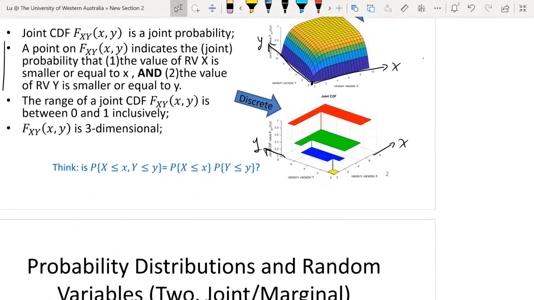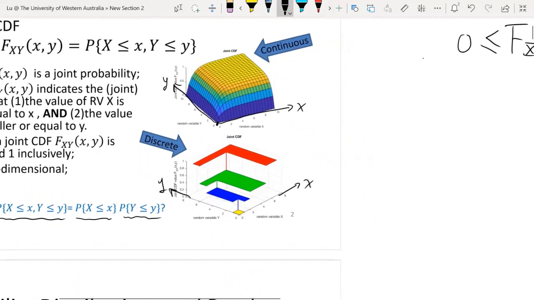Before moving on to the next slide, we have a small question. We want you to consider if such a joint probability is equal to the product of these two separate probabilities. This question is actually related to the joint CDF. Let's just use the space to write it.